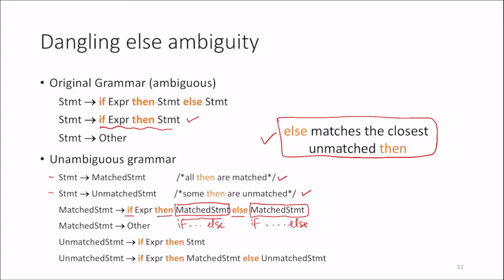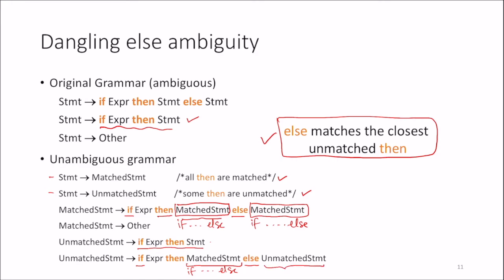Okay, so what does the unmatched statement look like? An unmatched statement captures the case without an else. And if it does have an else, then what it makes sure is that the part which is before the else is always using a matched statement, so that it always has a matching if else inside. And whenever it has an else here, it matches to an if. It's always the case that that's going to happen with an unmatched statement.